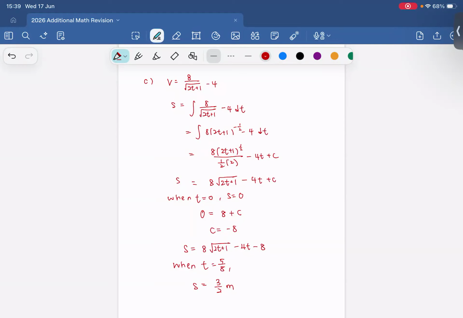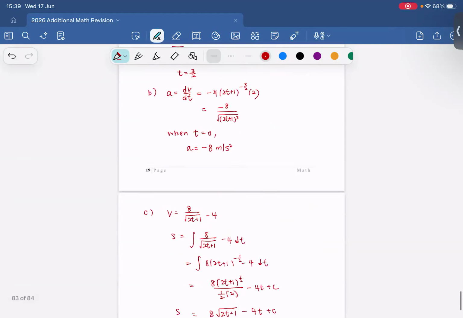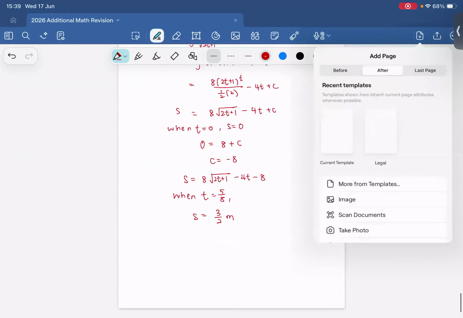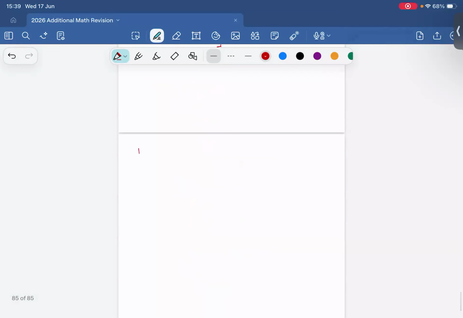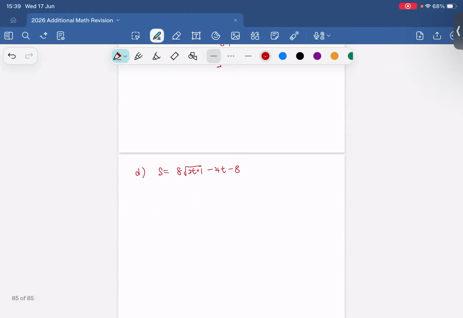Okay, last but not least, part D. Find the distance traveled from 0 to 4. So to find the distance traveled from 0 to 4, we know that at 0 the displacement is 0. So now what we need to do, we need to find where the object turns.